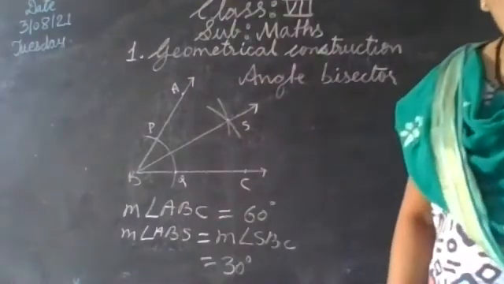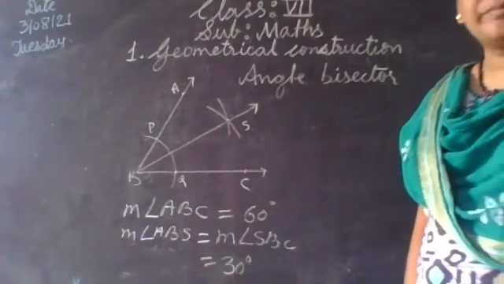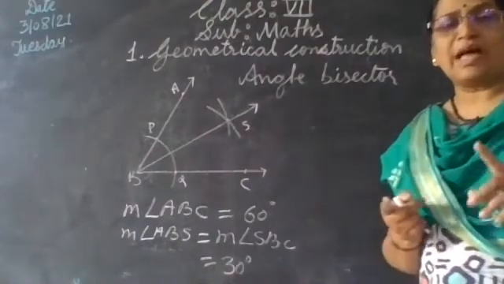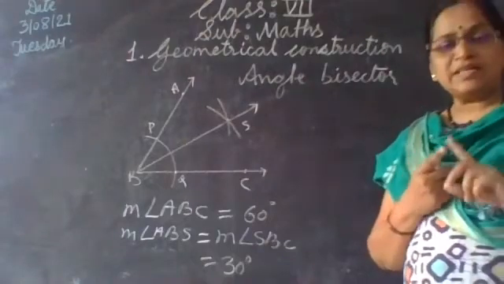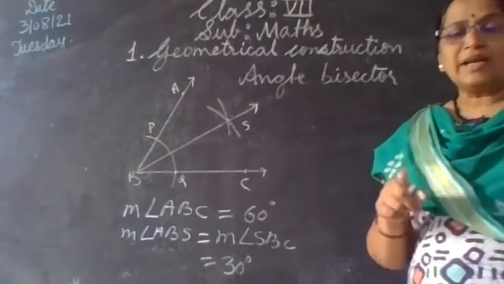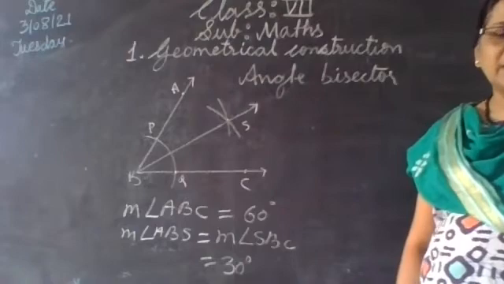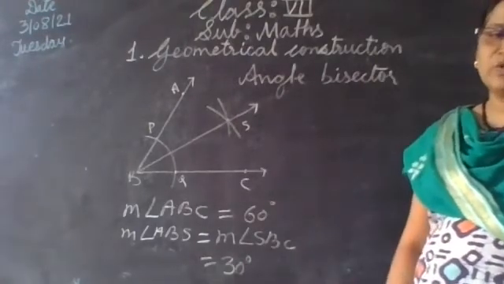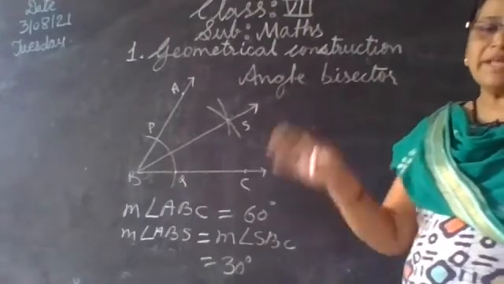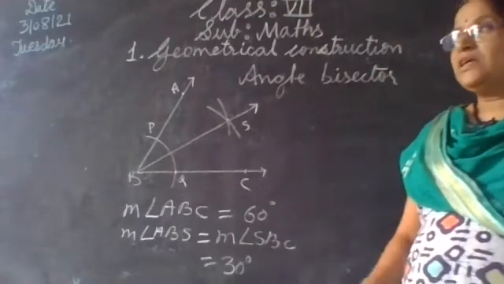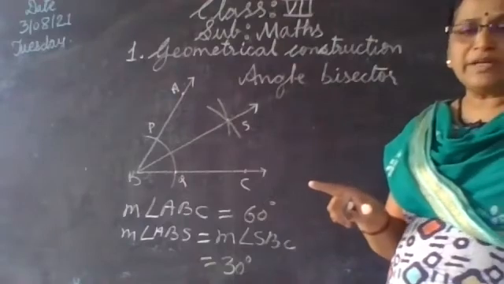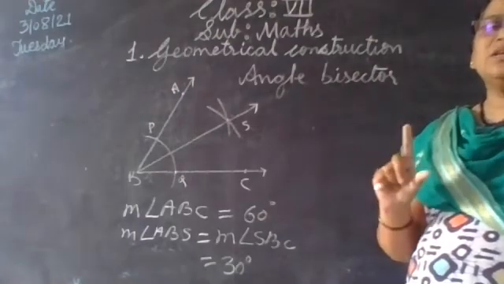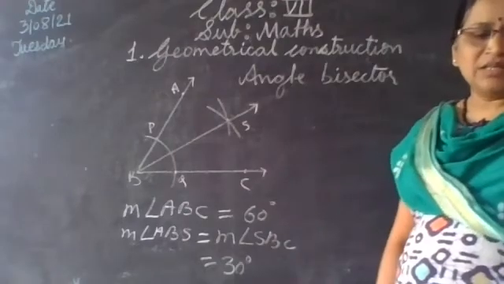Perpendicular bisector of a line segment. Perpendicular means when two rays or lines or segments intersect each other at an angle of 90 degree, then we can say that these two rays or lines are perpendicular to each other. Perpendicular bisector means you have to draw a perpendicular to the given line and bisect it into equal parts.